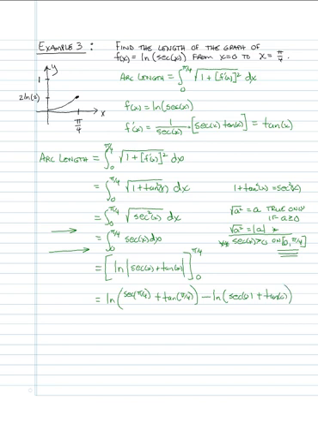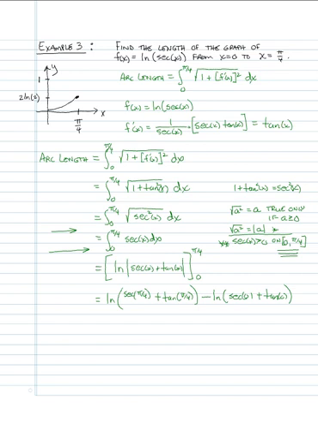Now you might notice that I've not put in the absolute values, and that's once again because we know that the secant of pi over 4 is a positive number, and the tangent of pi over 4 is a positive number. So since we know that, we don't really need the absolute values in this case.